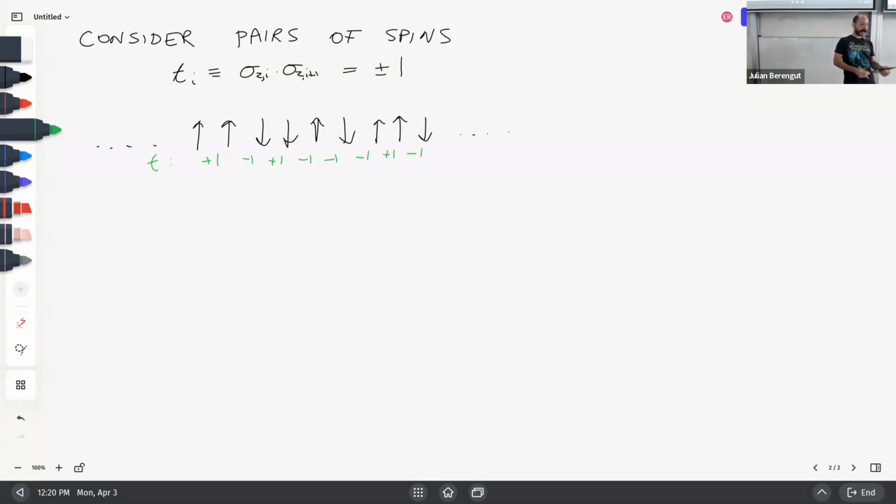These T's are independent. Not in the sense that if I change one of the spins, it only affects one of the T's. They're independent in the sense that if I make a sum over all possible configurations of spins, it's exactly the same as making a sum over all possible configurations of T's, of pairs.